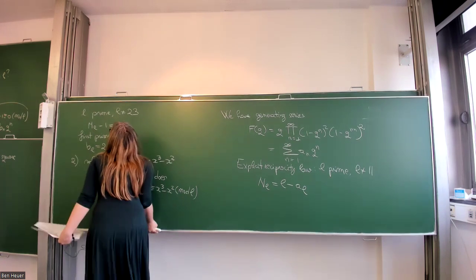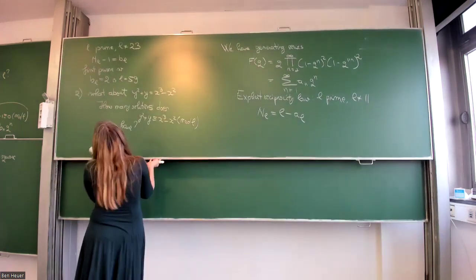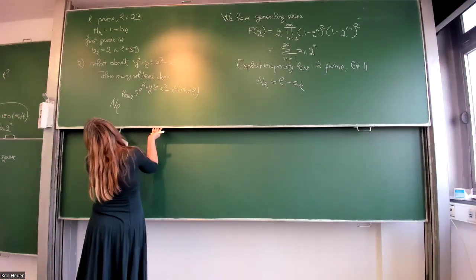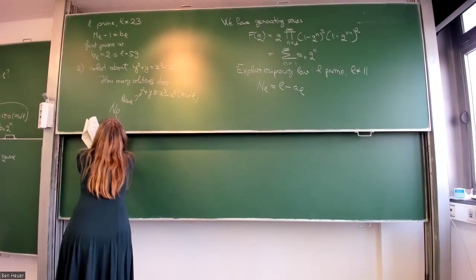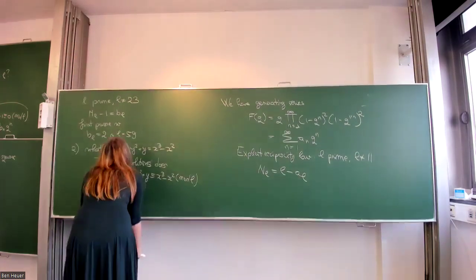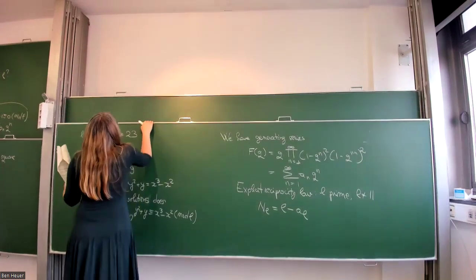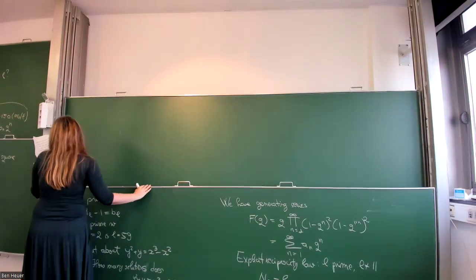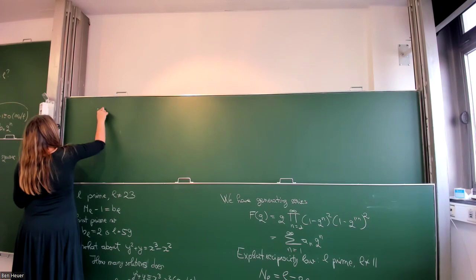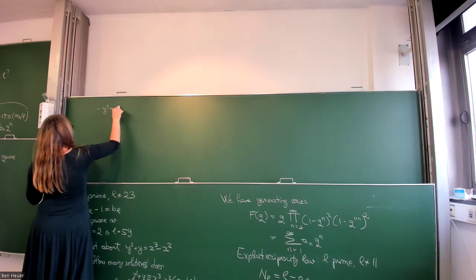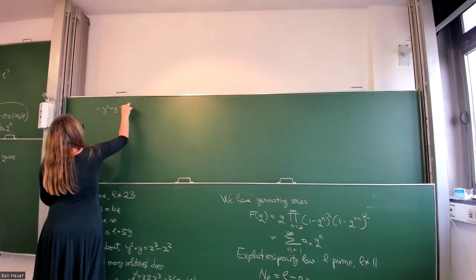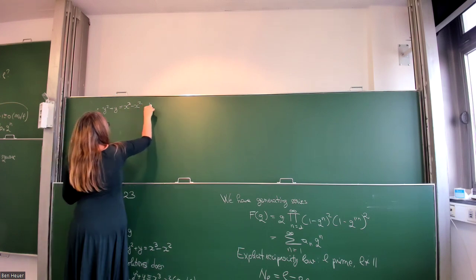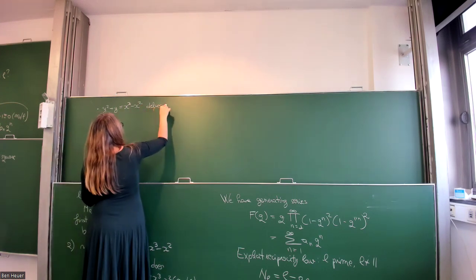So let me write this a bit more explicitly. y squared plus y equals x cubed minus x squared defines an elliptic curve.